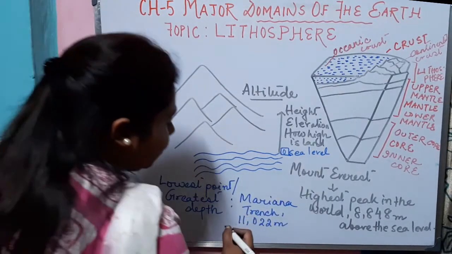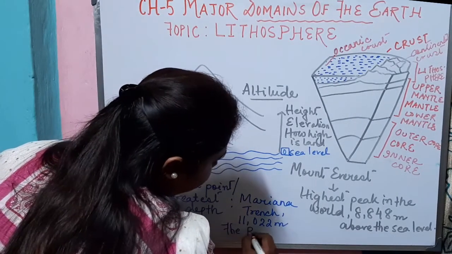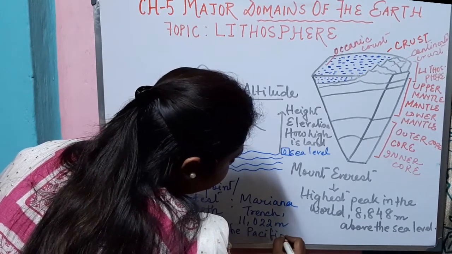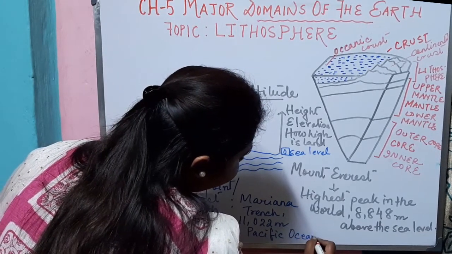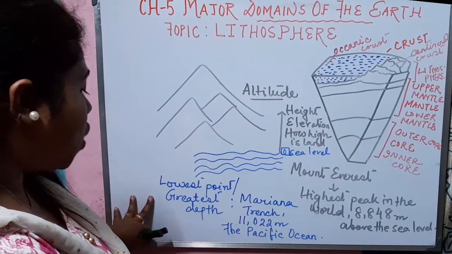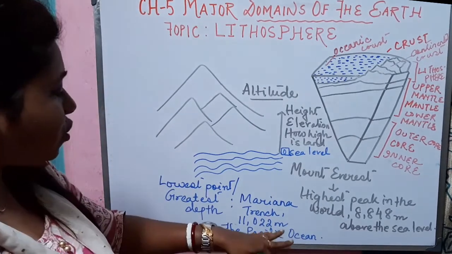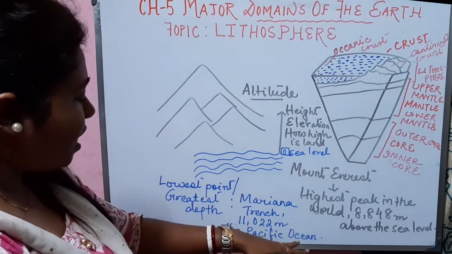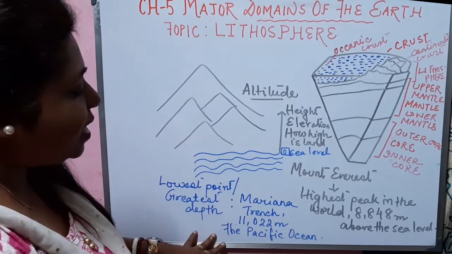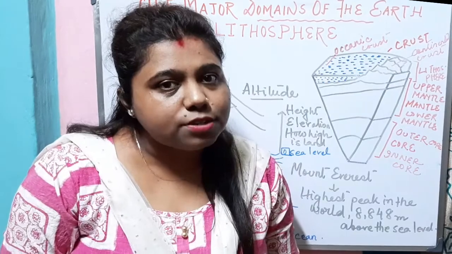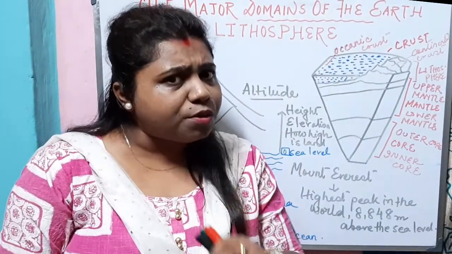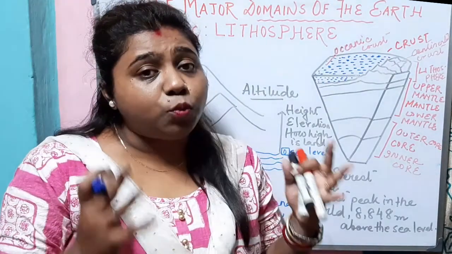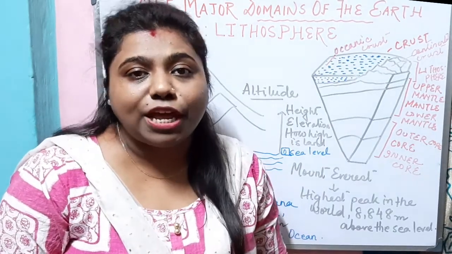And where is it located? It is located in the Pacific Ocean. So the greatest depth in the ocean that is recorded is the Mariana Trench with a depth of 11,022 meters, and it is located in the Pacific Ocean. This information is very important, and you must remember it. It will help you in other examinations also.